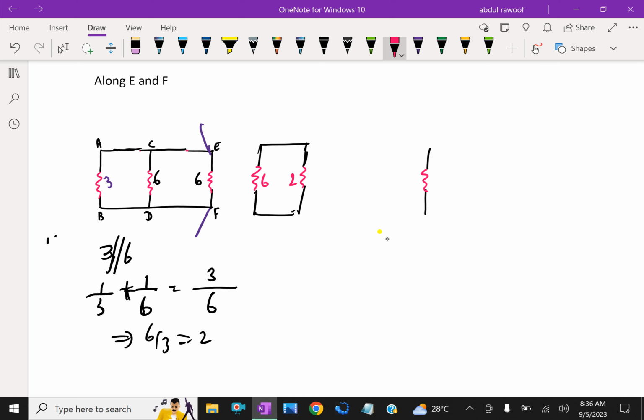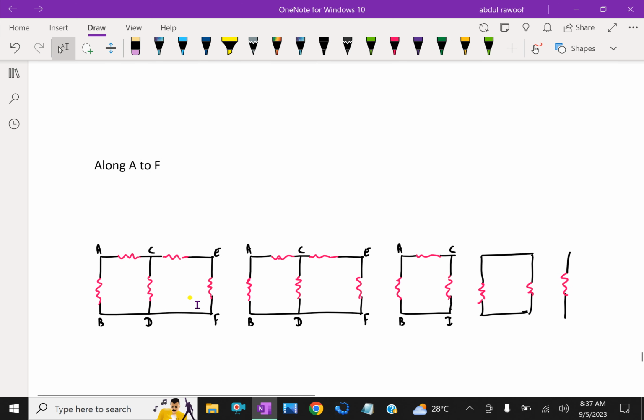We have to find EF, which gives 1.5, 1.5 ohm. Next is A to F.